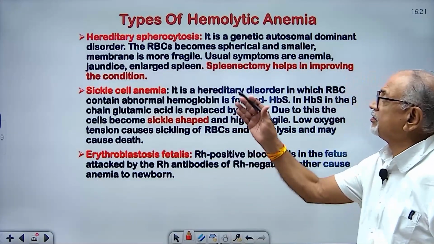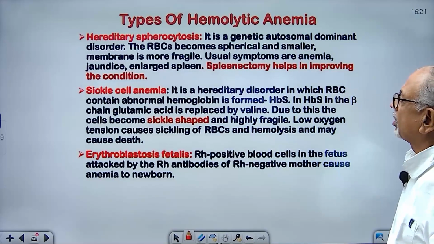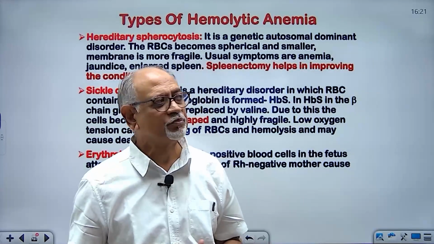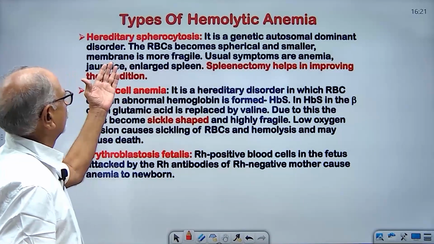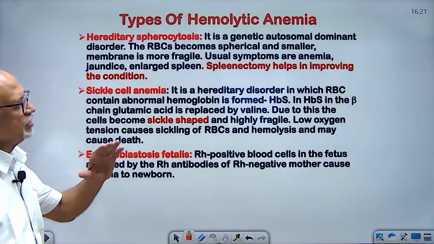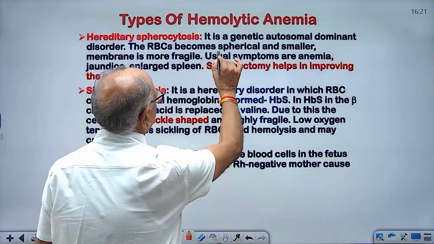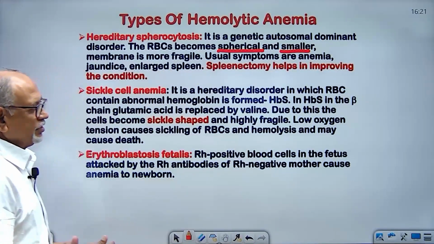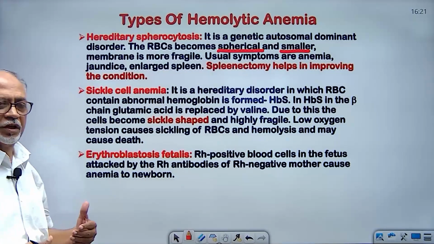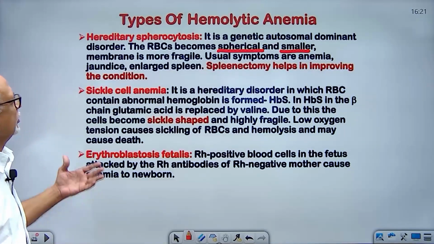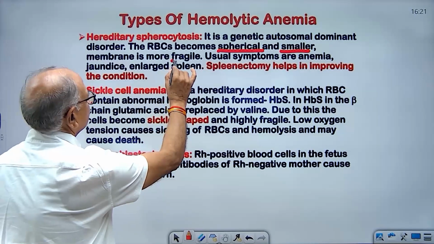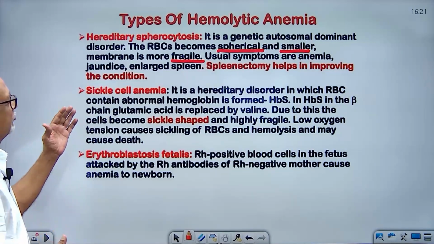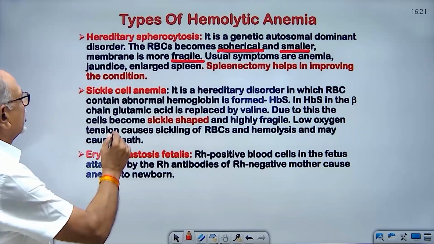The first one is hereditary spherocytosis. It is a genetic, autosomal, dominant disorder in which the RBCs becomes smaller and spherical. So, when they pass through the spleen, they are destroyed, they become more fragile, and in this case the spleen becomes enlarged.